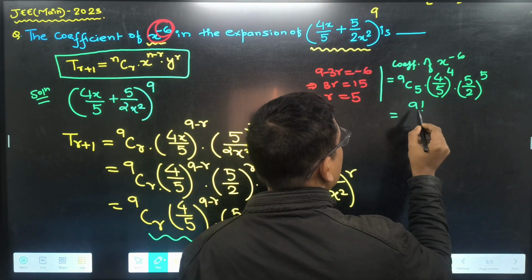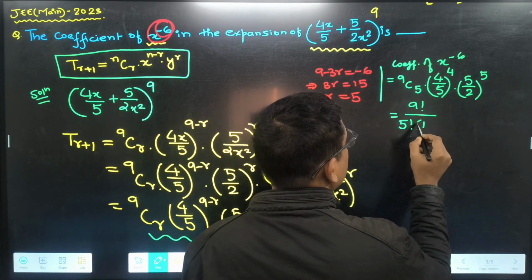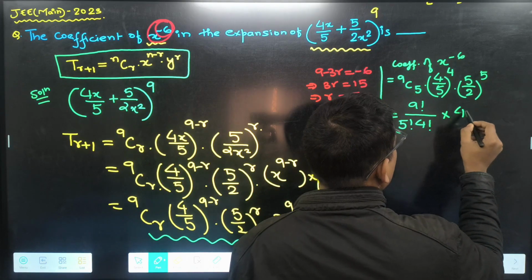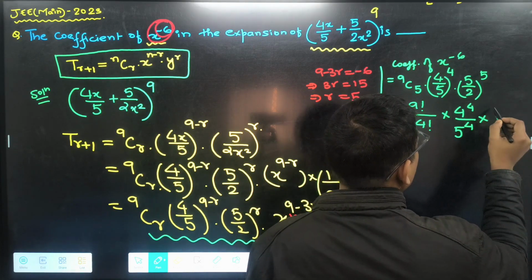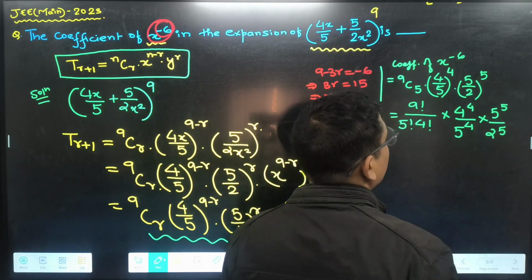9C5 means 9 factorial by 5 factorial into 9 minus 5 factorial. That means 4 factorial, into 4 to the power 4 by 5 to the power 4, into 5 to the power 5 by 2 to the power 5.